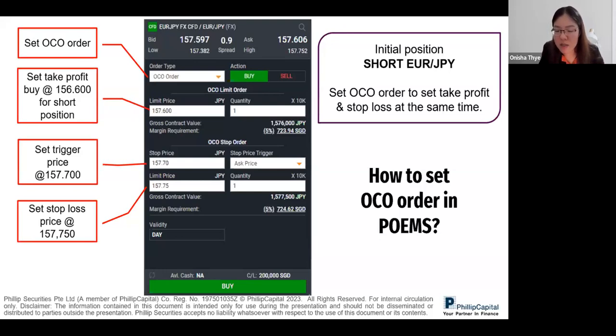Then next on PhillipCapital. Okay, the system does currency pairings and correlation analysis. You mean for our POEMS and our MT5? Is that what you mean? In terms of currency pairings and correlation, on our system we do not have this correlation analysis, but we have the so-called FX CFD heat map on our platform, which shows which currency pairs provide either positive or negative swap points.